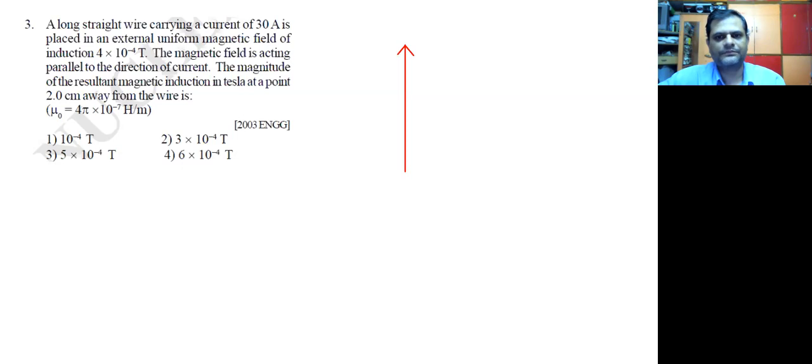Yes, this is the wire, and it is placed in a uniform magnetic field of induction 4 into 10 raised to minus 4 Tesla. The magnetic field is acting parallel to the direction of current. Okay, so where can we show the magnetic field here? See, the magnetic field can be shown to be directed upwards here.